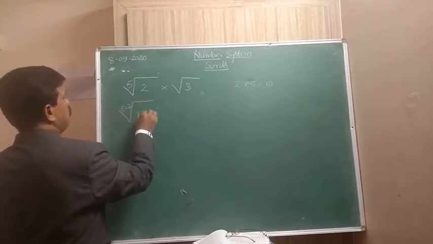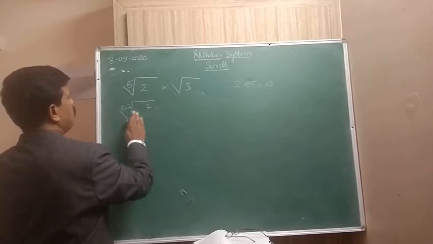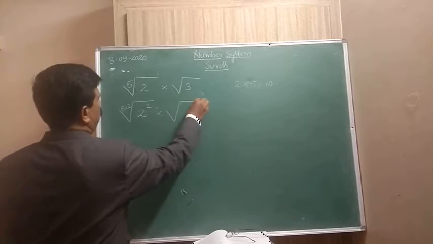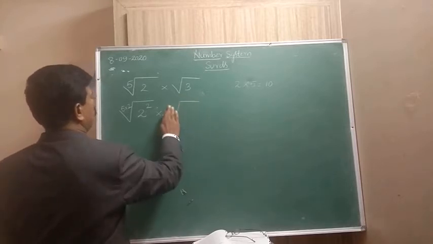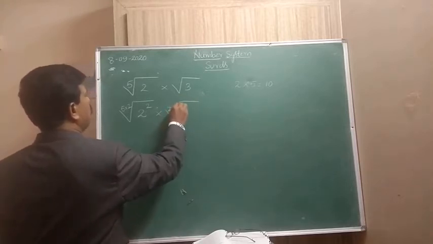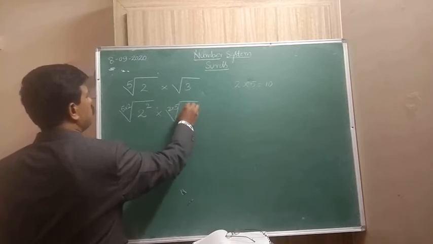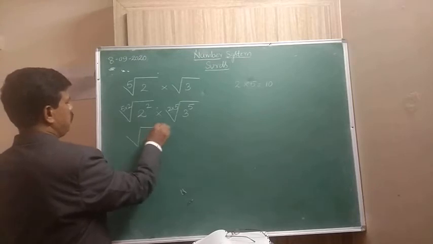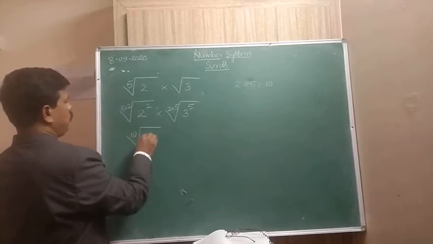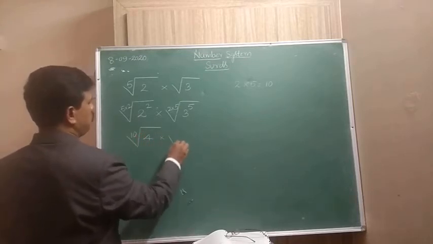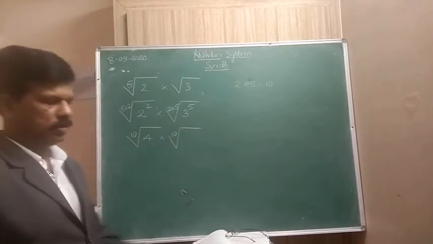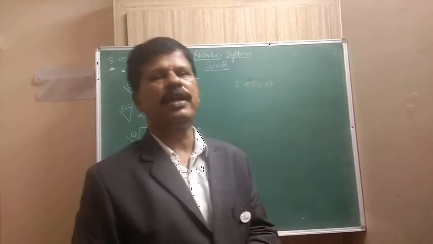So 2 squared, the 10th root. The square root of 3: you should multiply by 5, so 3 to the power of 5. Now this is the 10th root of 4 into the 10th root of 3 to the power of 5.